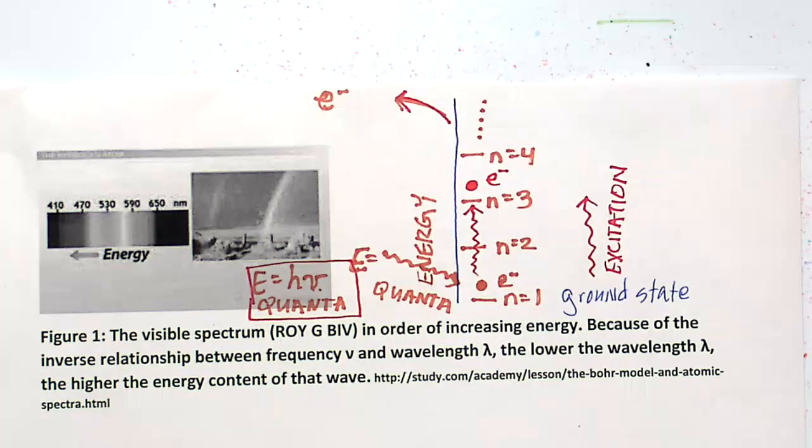So what happens after something gets excited? What do you think generally happens? What happens if a toddler gets excited and runs around? What eventually is going to happen? Eventually die out.